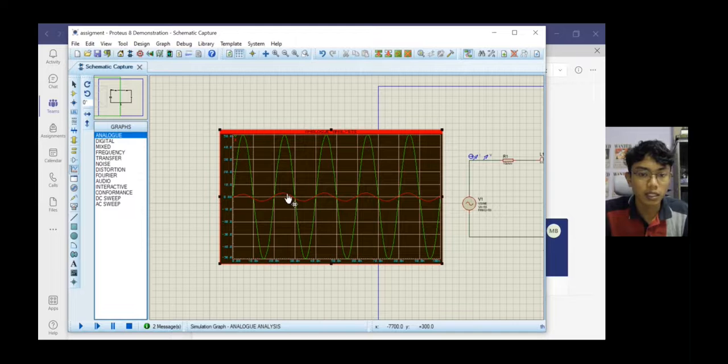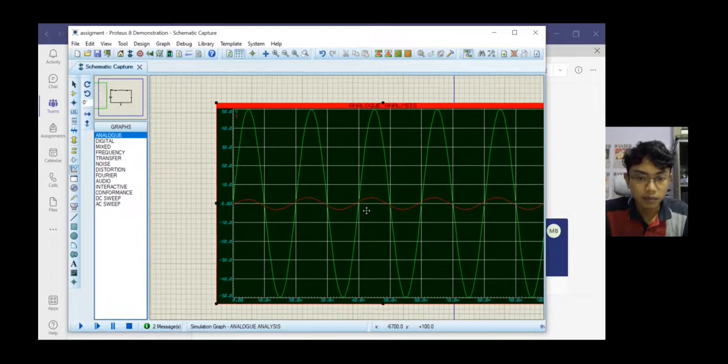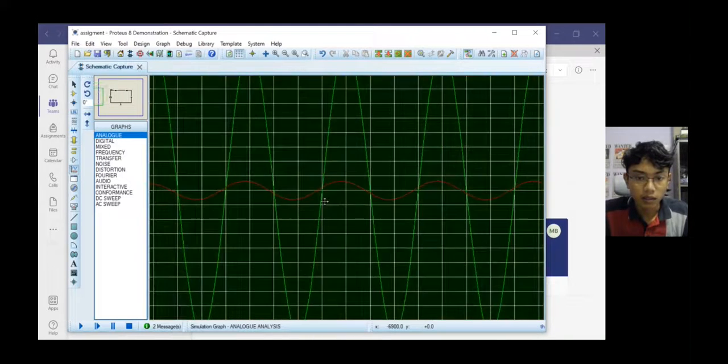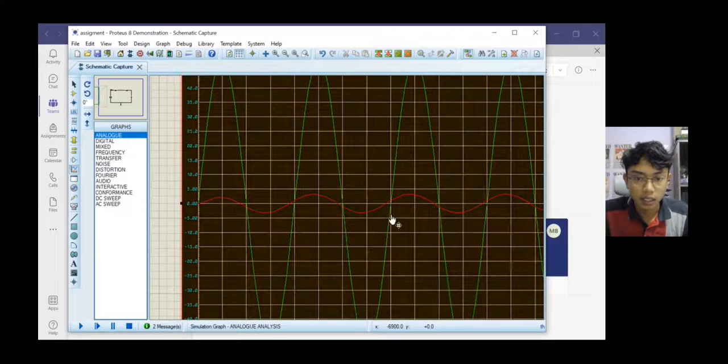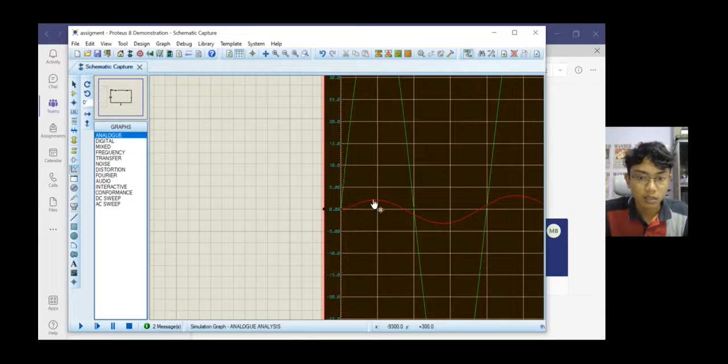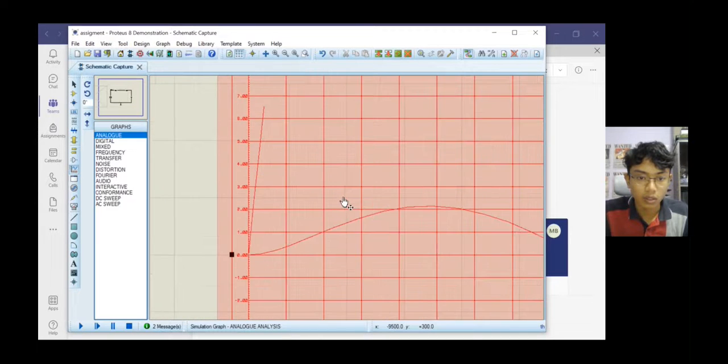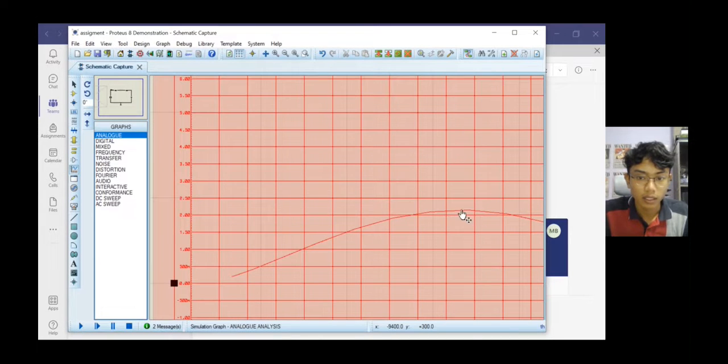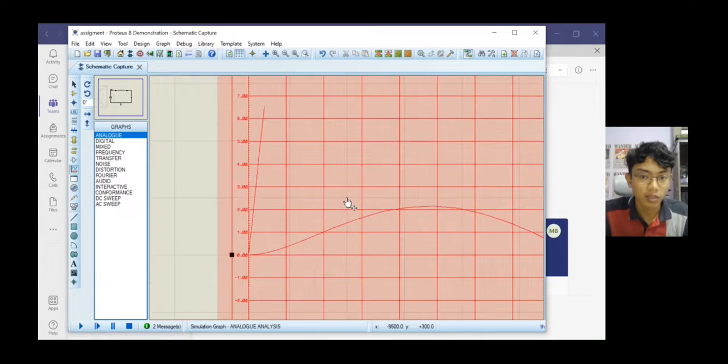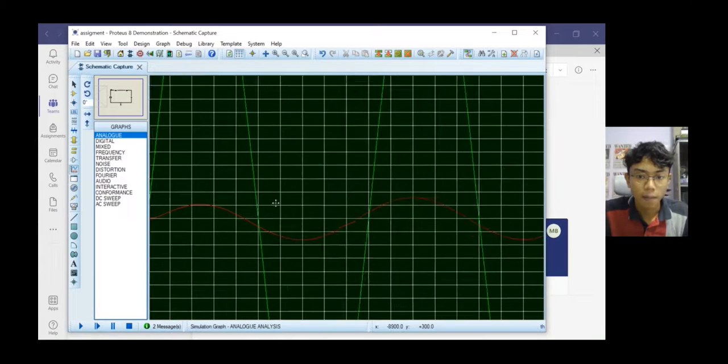Okay, as we can see here, the Imax is at the center of the waveform. So we go to this, and then we can see it is something like 3.16.